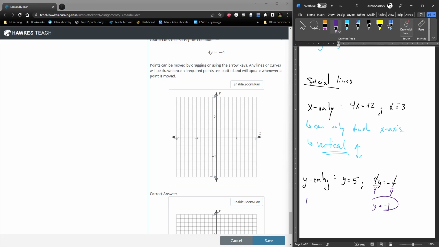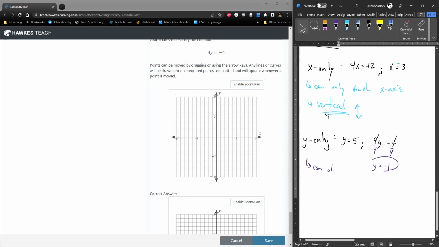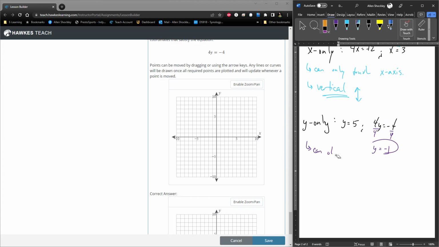So what does that mean? Well, it can only be on the y-axis. If I could spell. And it didn't shoot up. There we go. Only on the y-axis.